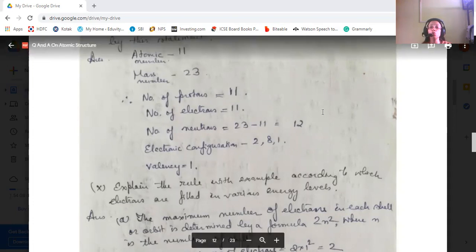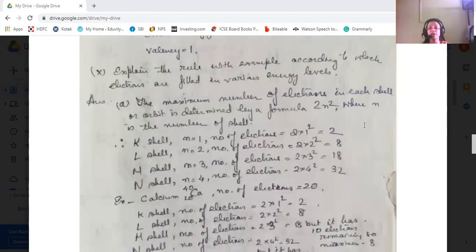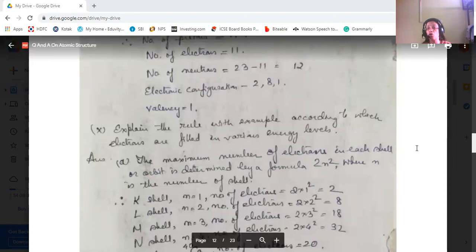Now explain the rules with examples according to which electrons are filled in the various energy levels. The first rule: the maximum number of electrons in each shell or orbit is determined by the formula 2n square, where n is the number of the shell. That is 2 into n square, where n is the shell number, first, second, third, fourth, like that.